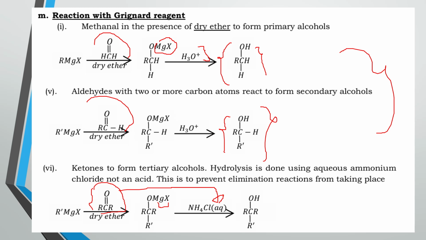But you make sure that you give it a state which is aqueous, because no hydrolysis reaction is going to proceed if the reagent that you're using is in solid state. So when you have used a ketone in the first place, always use ammonium chloride to remove the magnesium halide, such that you can get your corresponding alcohol. This is very important because this is the shortest reaction for increasing the length of the carbon chain in an organic compound.